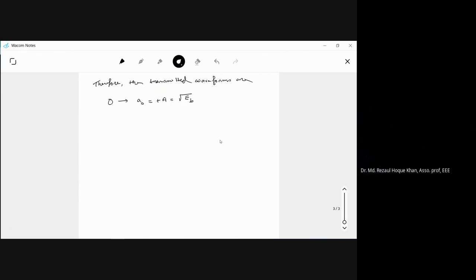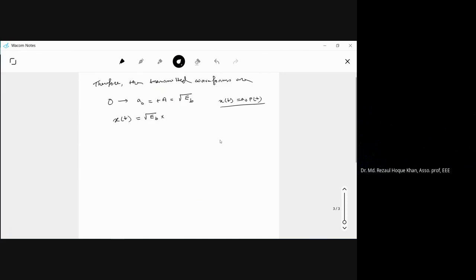What will be the signal x(t) then? x(t) equals a0 p(t), so it is square root of Eb into p(t).